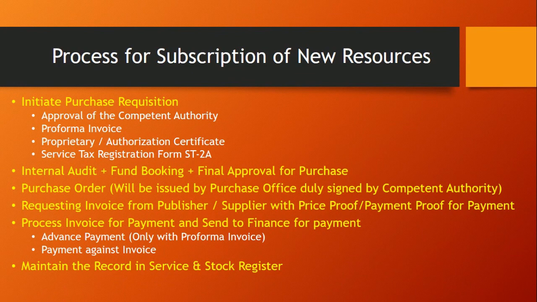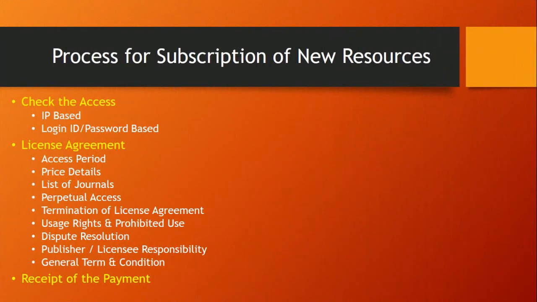Once it is done, next comes the access. It is very important to understand that when we send the purchase order, we mention clearly the range of IP, or if it is user ID and password based, that also is mentioned clearly.